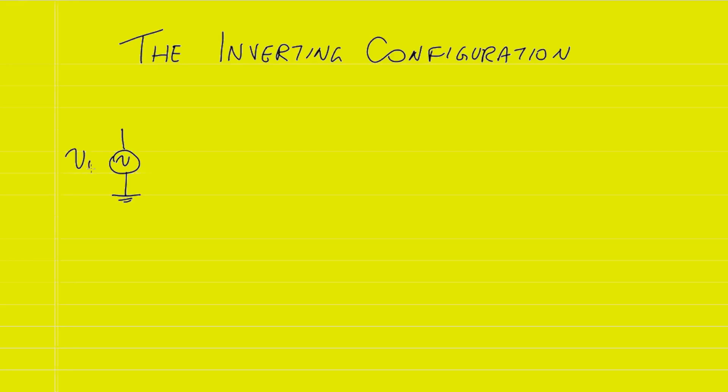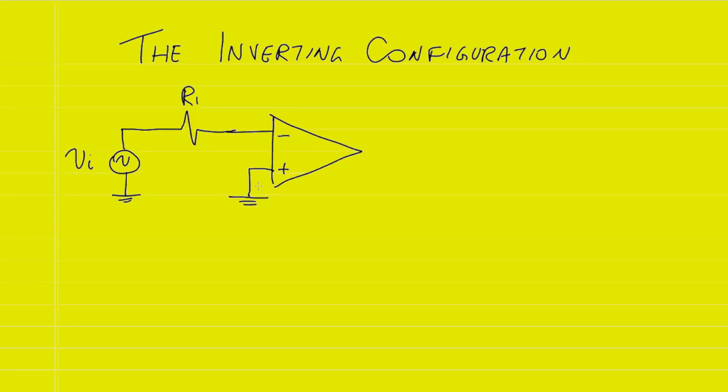One of the most common op-amp circuits is the inverting configuration. In this configuration, an input signal, which we'll represent as a sinusoidal source, although it can be any signal we want, so we'll call that V sub I, is fed through a resistor, R1, into the inverting terminal of our op-amp.